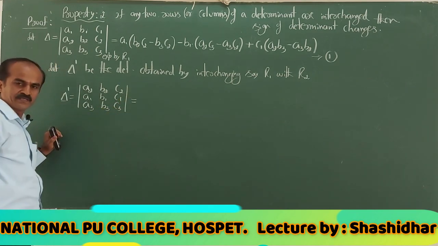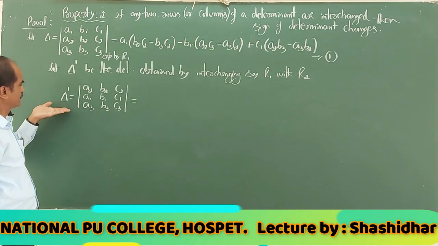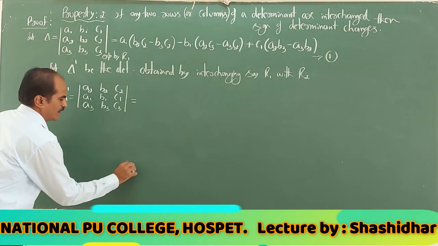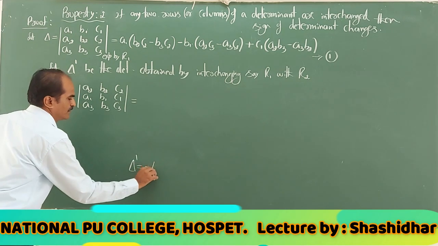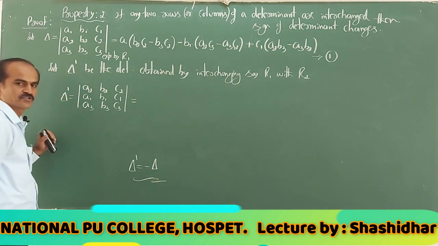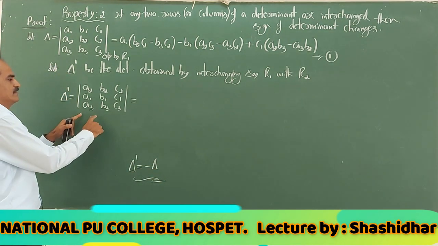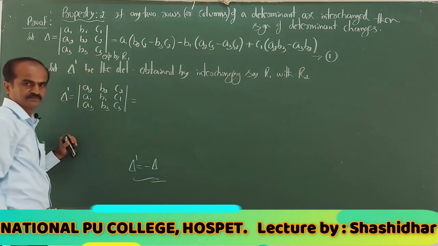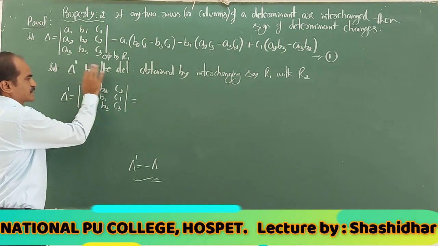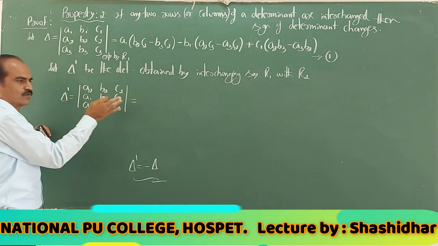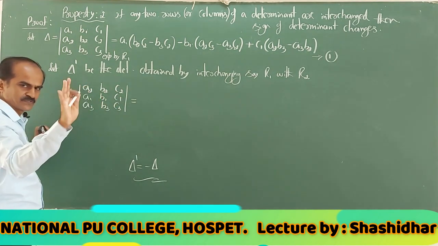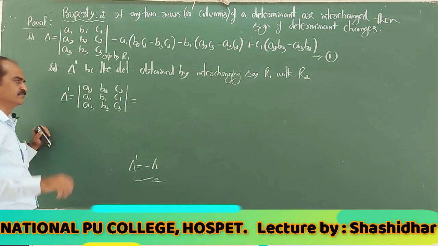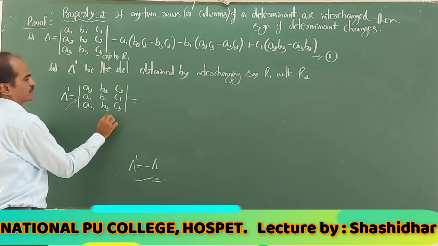Now my job is to show that this delta dash is a negative of delta. I have to show that delta dash is a minus of delta. That is, the expansion of this is a negative of this expression I have to prove. For that, I can expand delta dash by row 1, row 2, row 3 or C1, C2, C3. To make the simplification simple, I choose the second row.